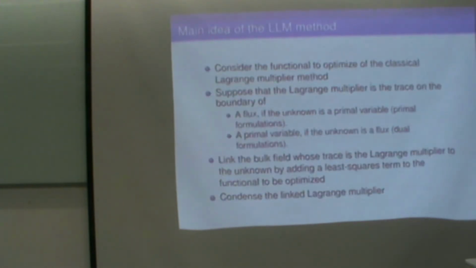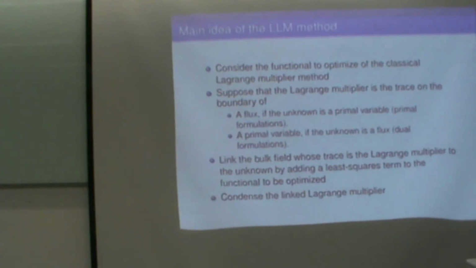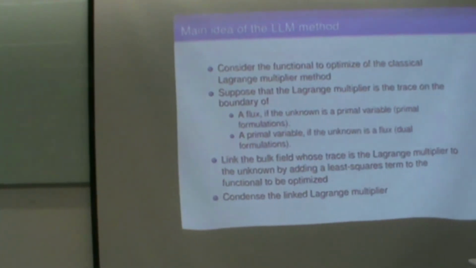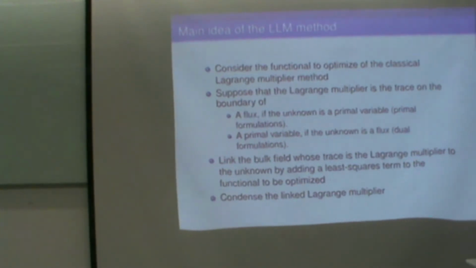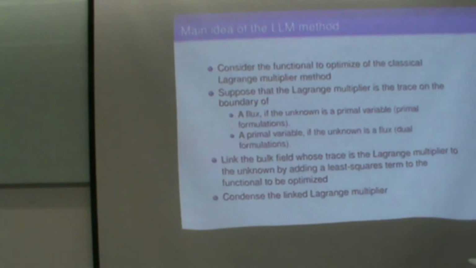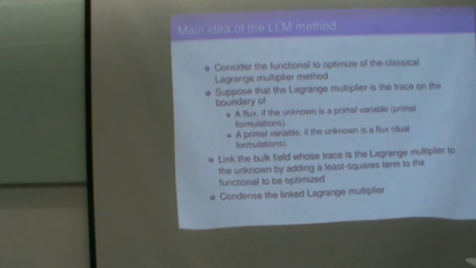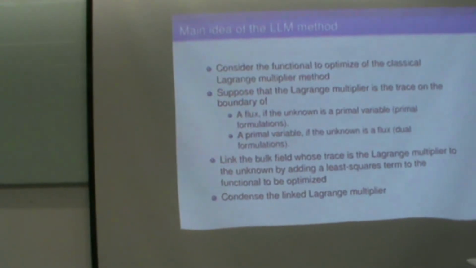Okay, summary and conclusions. So the main idea of the method is described here. We consider the functional to optimize of the classical Lagrange multiplier method. But then, the important thing is that we suppose that the Lagrange multiplier is the trace on the boundary of a flux, if the unknown is a primal variable, or a primal variable if the unknown is a flux.